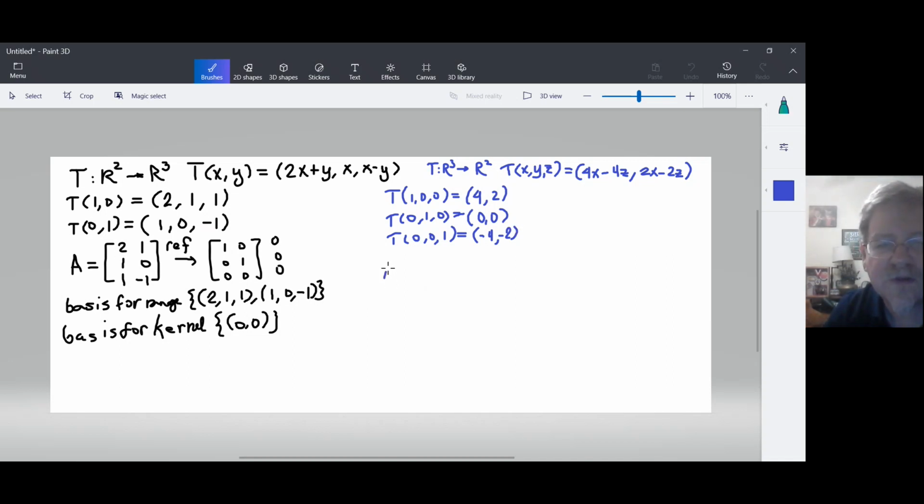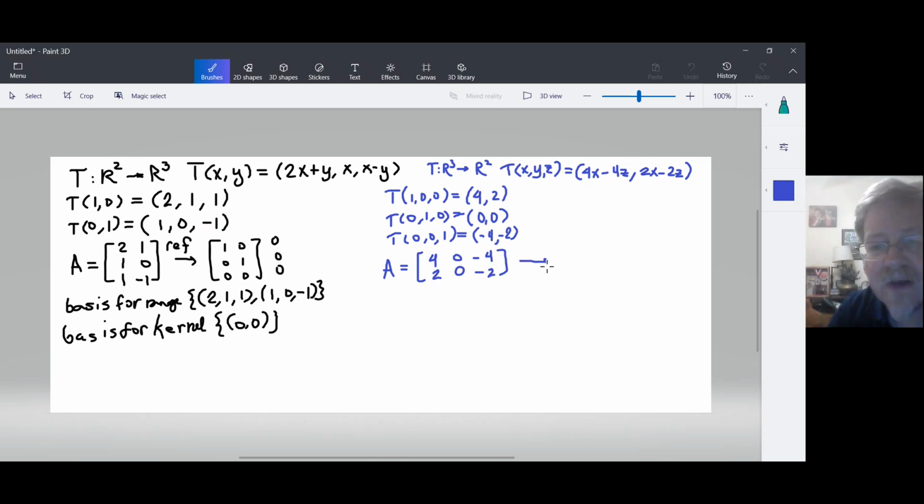These are going to be the columns of A. So we get 4, 2 as the first column, and then 0, 0 as the second column, and then -4, -2 as the third column. That is the standard matrix for this linear transformation.